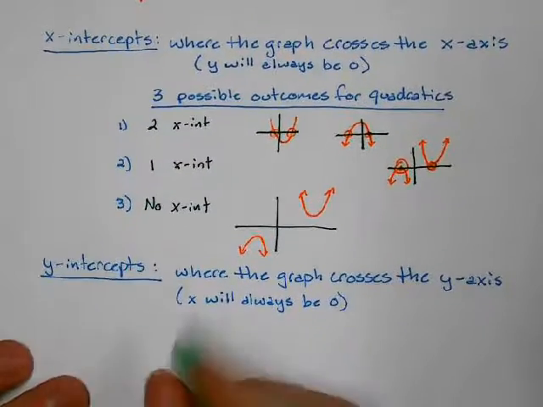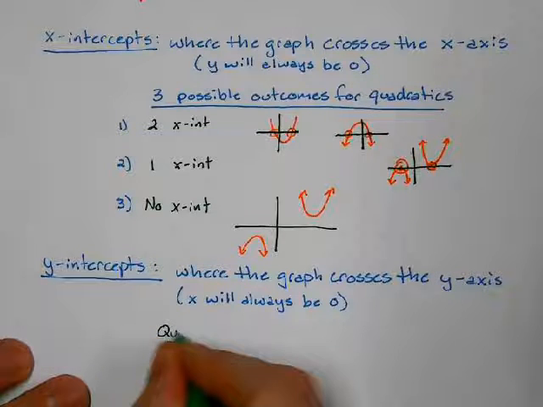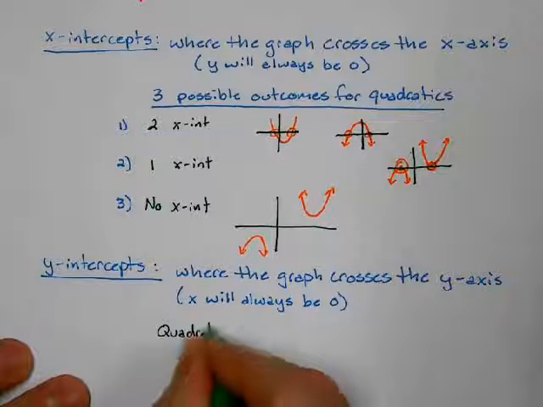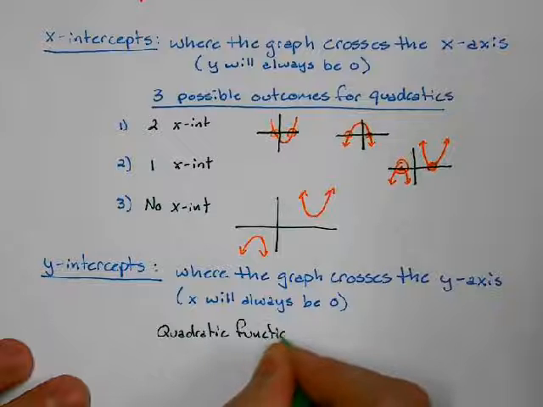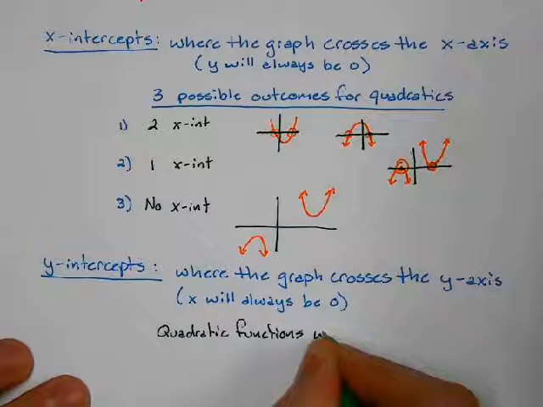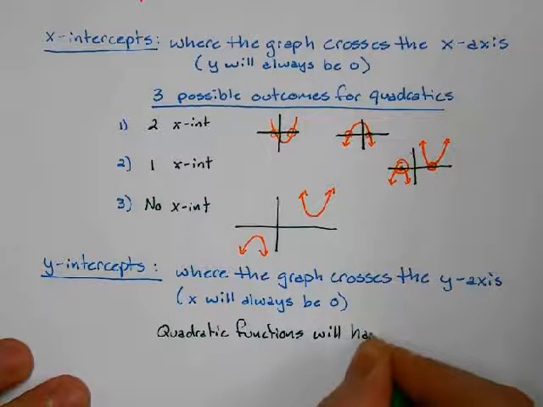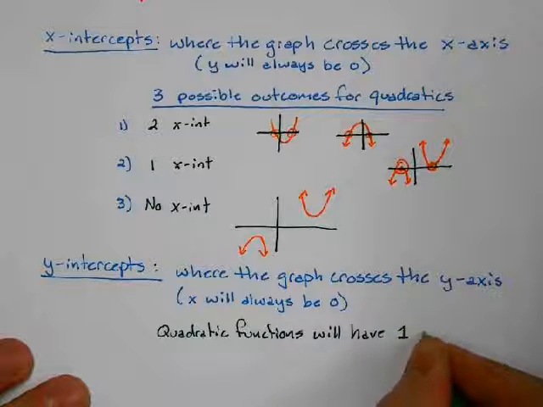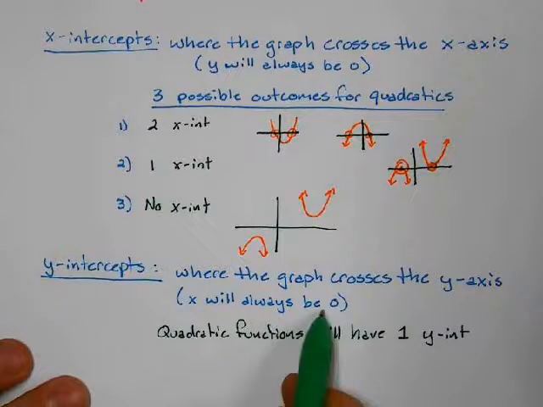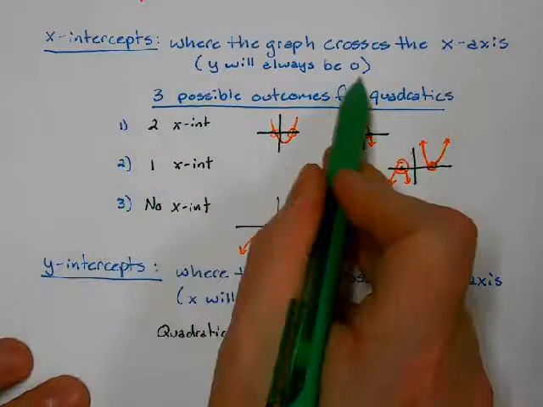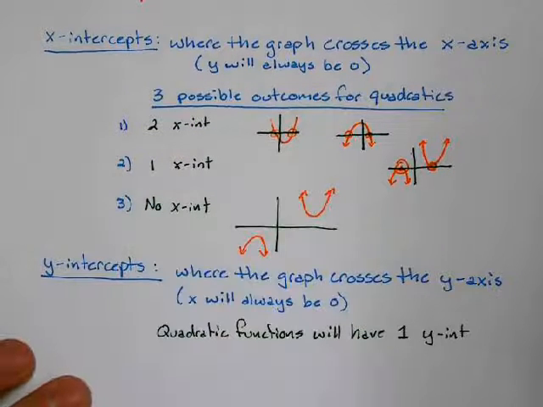So quadratic functions will have 1 y-intercept. How do we find it? X is 0. How do we find the x-intercepts? Y is 0. Just take the opposite letter and plug it in.